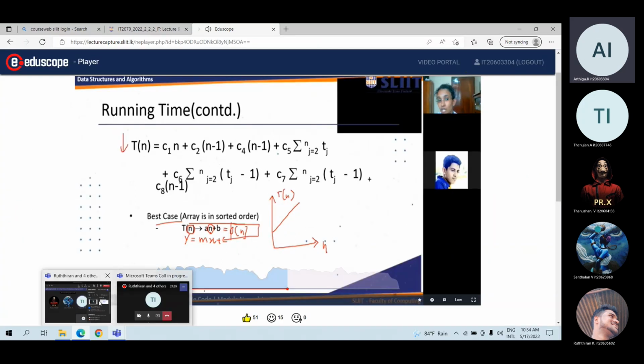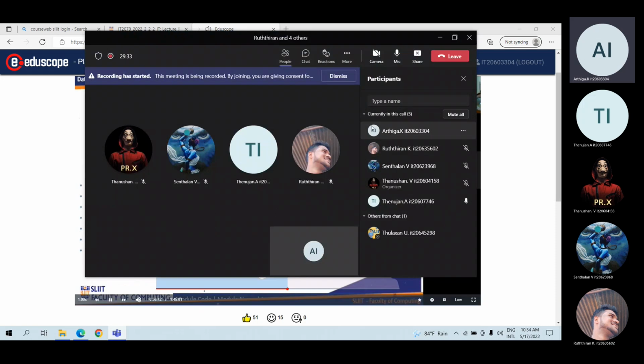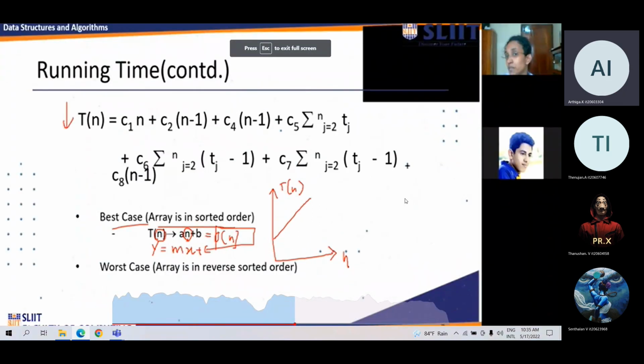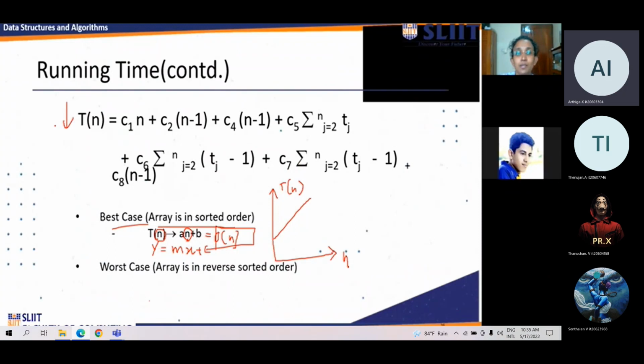If you think about the other case, that is the worst case. Okay, so the worst case is happening when you input the array in descending order. When you input the array in descending order, you know that you have to reverse everything. Reverse everything means lots of processing. Lots of processing means Tn will be high.